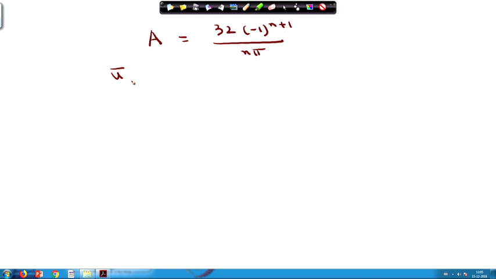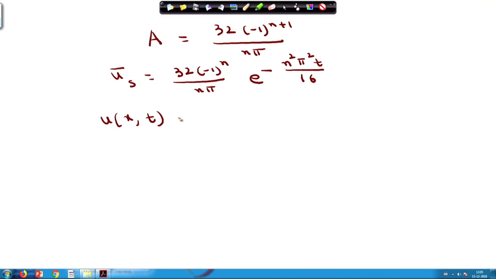If I substitute the value, I will obtain ū_s equals 32(−1)^(n+1)/nπ into e^(−n²π²t/16). So once I have obtained ū_s in terms of t, now I can write down u(x,t).